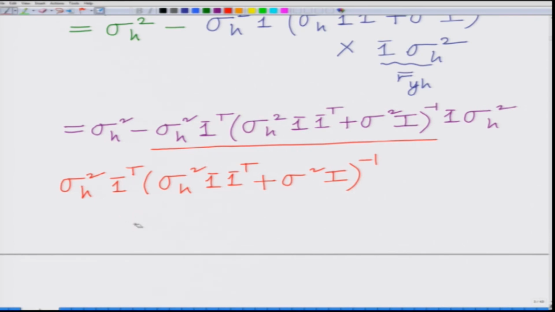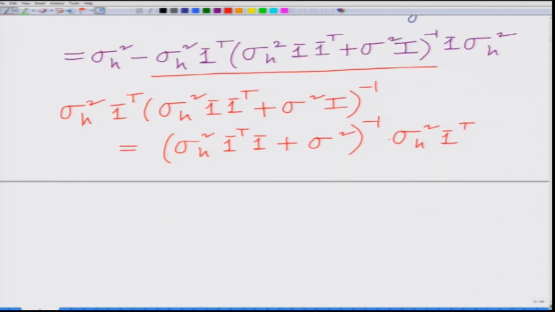We have seen that this quantity is equal to sigma h square 1 bar transpose 1 bar plus sigma square inverse times sigma h square 1 bar transpose. And in fact, we also know that sigma h square 1 bar transpose 1 bar plus sigma square is a scalar.